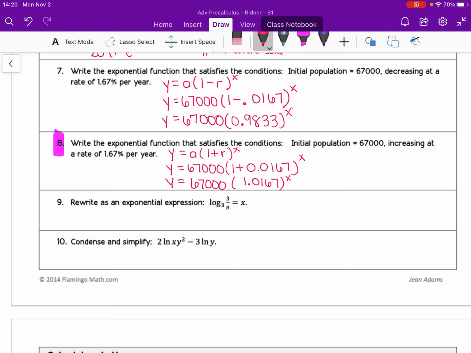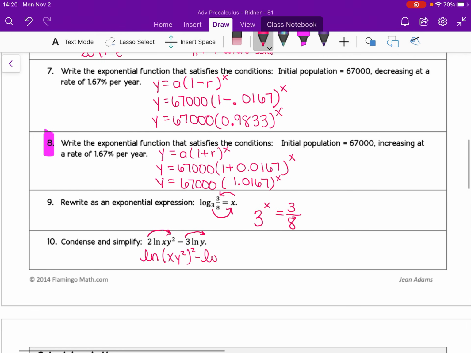All right, so if I want to rewrite, remember we always go around the loop. So the first thing I see is the base of the exponent, and then raised to the exponent equals the middle piece. So in this case, 3/8. If I want to condense, first thing I want to do is bring my exponents up. And then the minus would be condensed by saying divide.